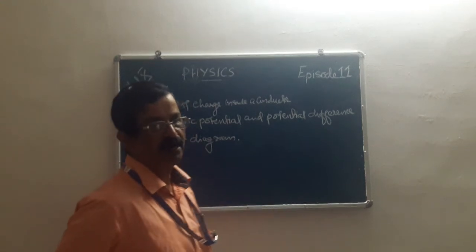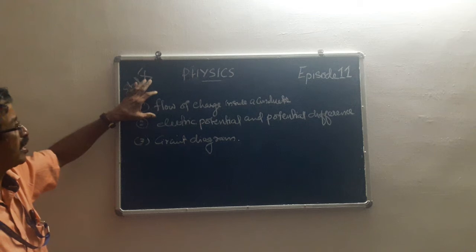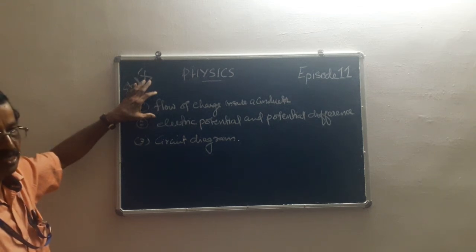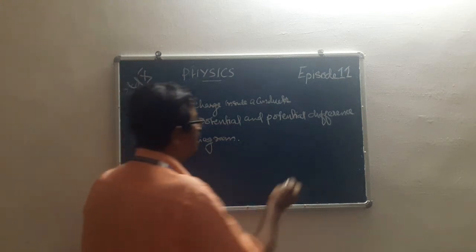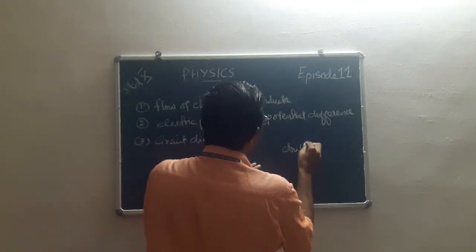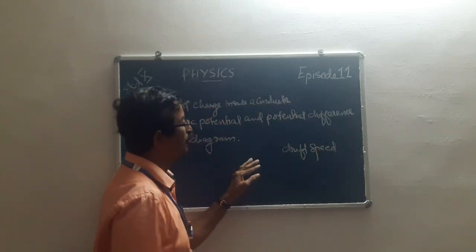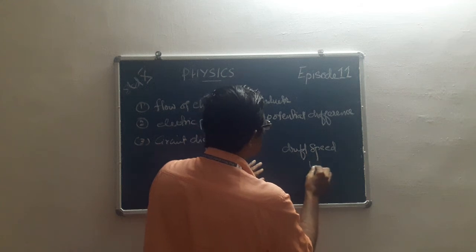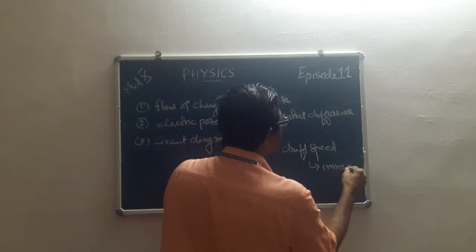Okay, today we first discussed how charges flow in a conductor. There we discussed what drift speed actually is and its magnitude. How much is its magnitude? It is in millimeters per second.